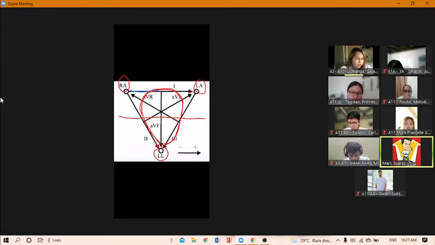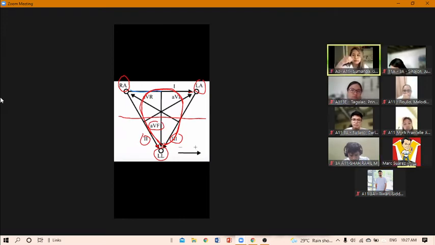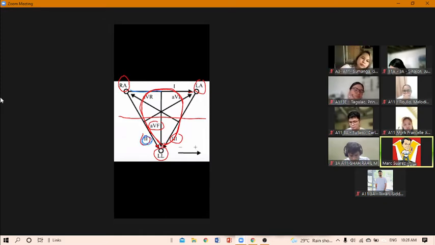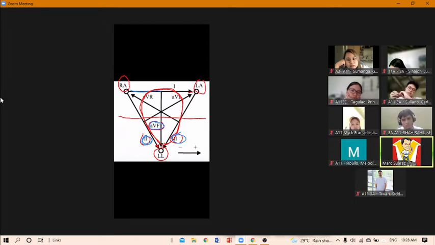You have there lead 2, lead 3, and aVF. Is this clear? You don't need to memorize any book. You just imagine this Einthoven's triangle, and you can facilitate easy recall with this illustration. Okay?